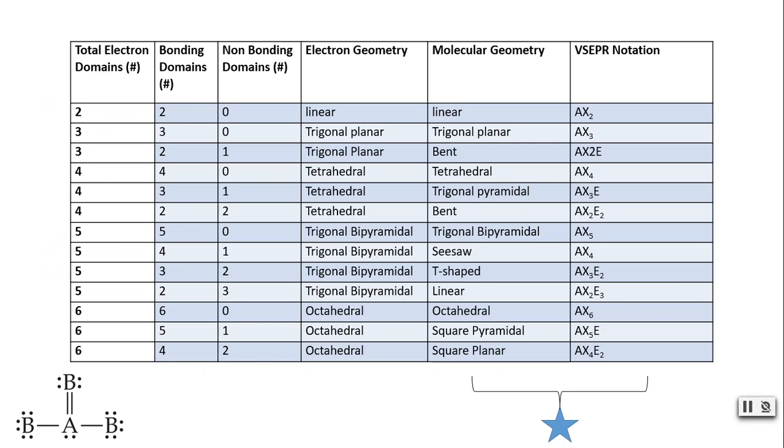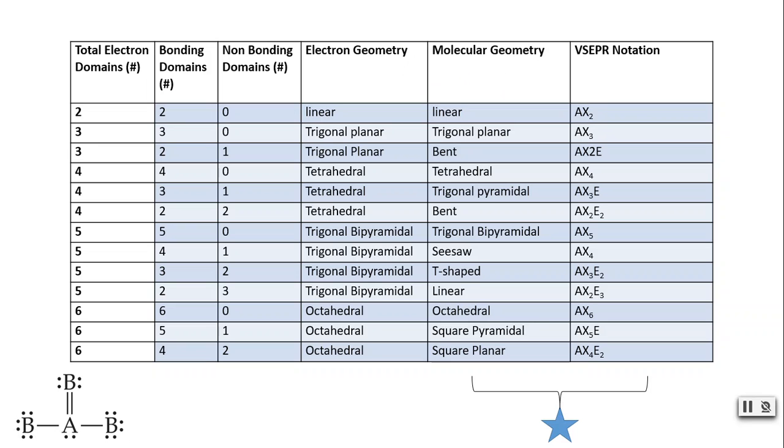This chart, which you might look at and think, oh, there's so much information to look at, illustrates what a particular electron and molecular geometry is for a particular VSEPR notation. I list both the molecular and electron geometries because you will need that for the MindTap exercises that you do.